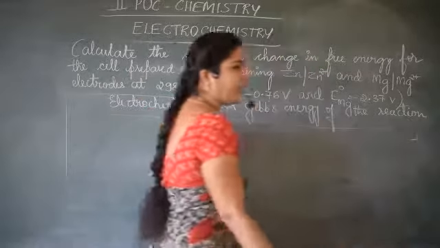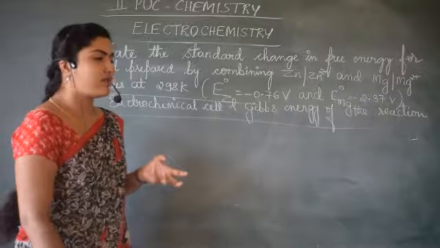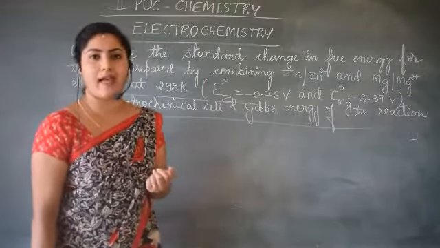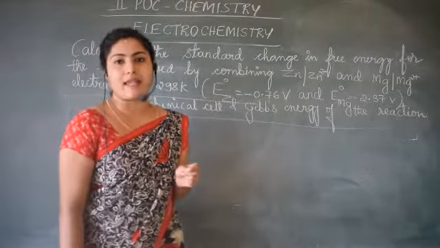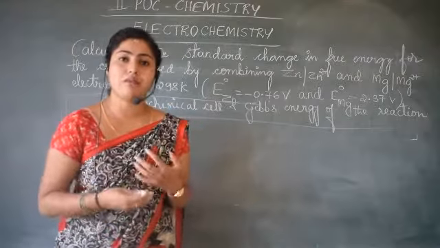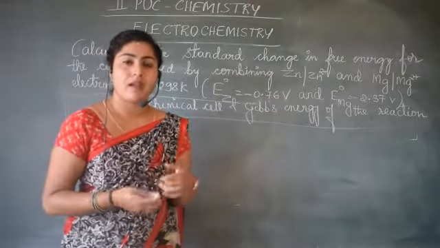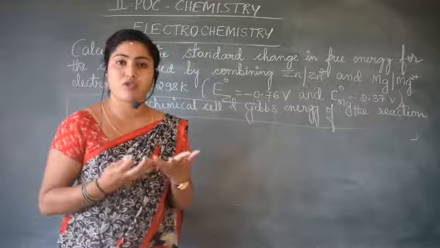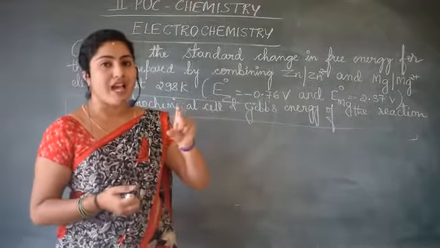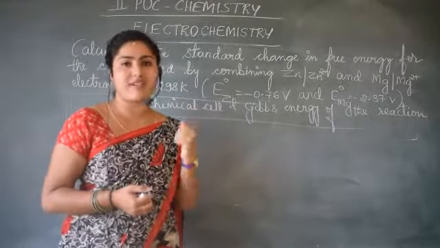So you know what is an electrochemical cell. An example is the voltaic cell or galvanic cell. In a galvanic cell, if we have to get maximum work to be done, then the charge has to be passed reversibly.